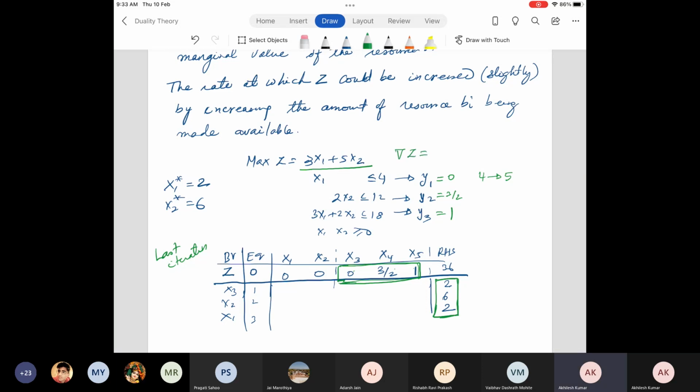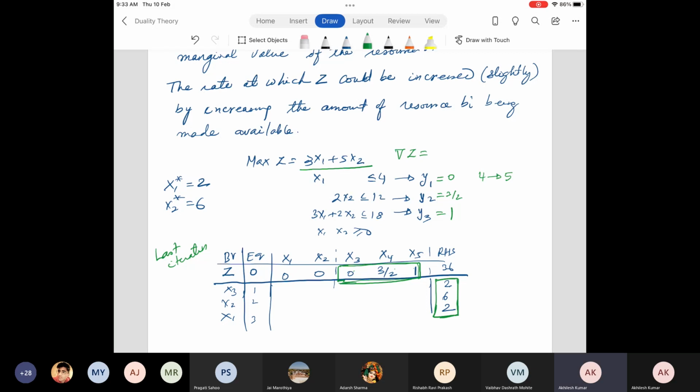If I increase the first resource from 4 to 5, whether there will be an increase or not? Yes, sir. Yes, increase will be there.